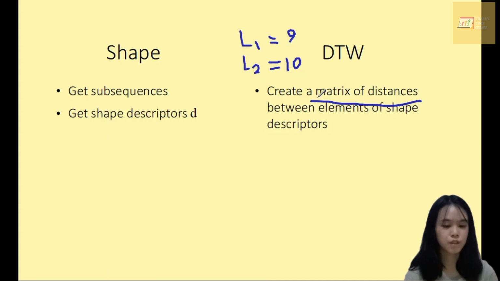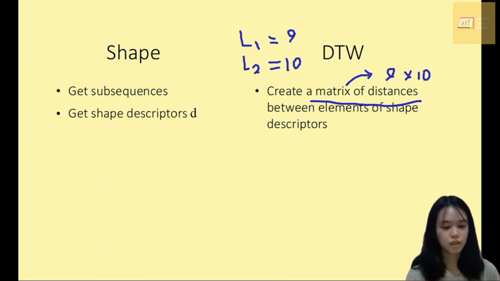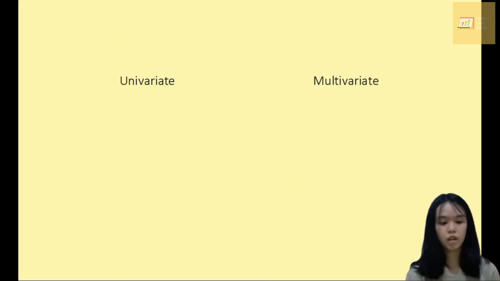And the matrix of distances that I write here would have the dimension 9 rows and 10 columns. After that, we will get the warping or the alignment and compute the distance between input sequences.